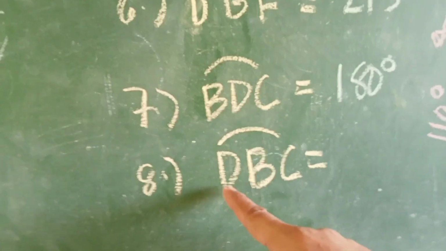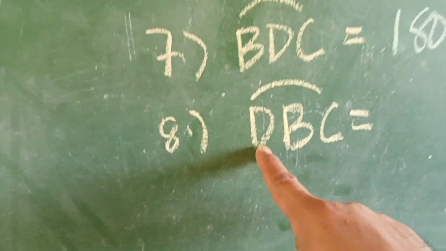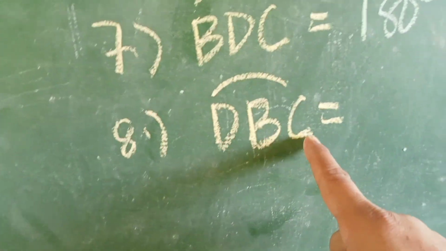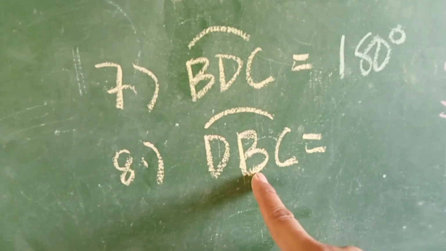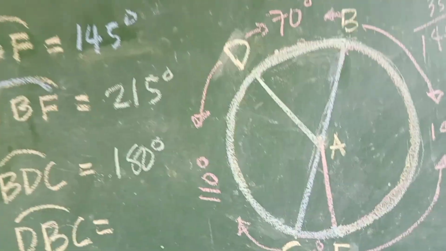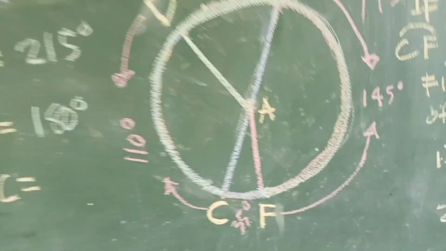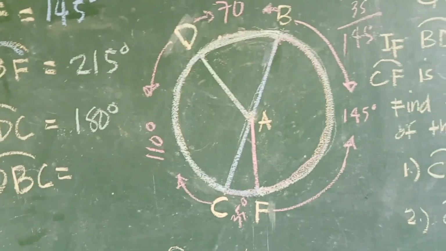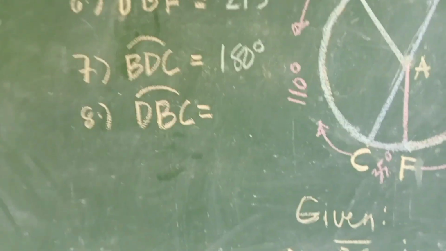That means you start at point D, pass through point B, and end up at point C. Let's try to locate this one. Can you give me the exact measurement? Try to comment your answer for number 8.